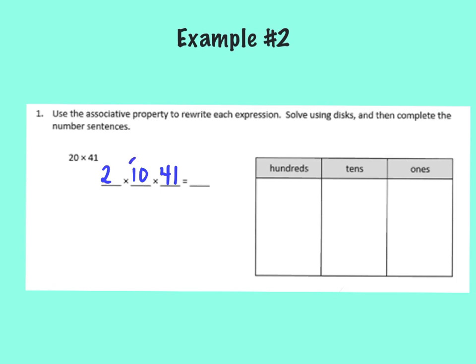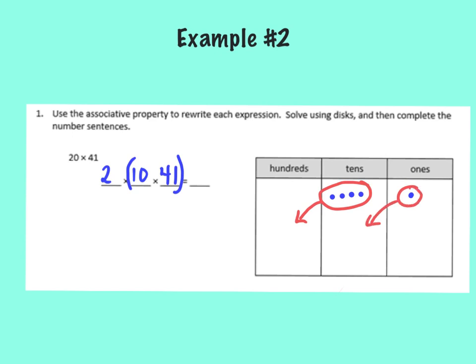So let's put the parentheses around the 10 times 41. On our place value chart, we will put 4 in the tens place and 1 in the ones place. When multiplying a number by 10, we know we can just shift the numbers over one place value to the left.